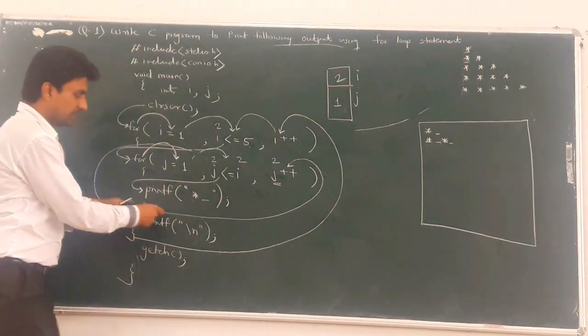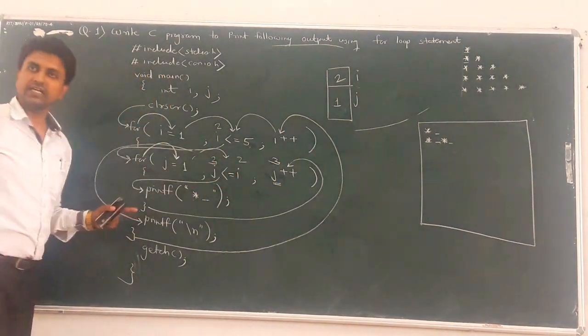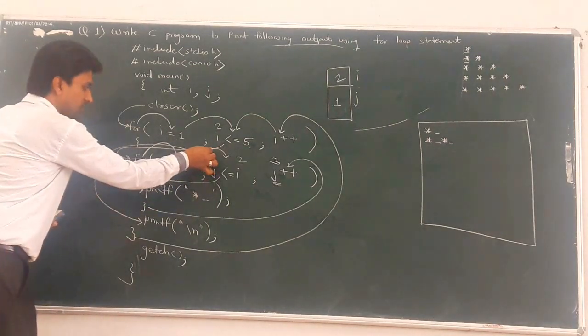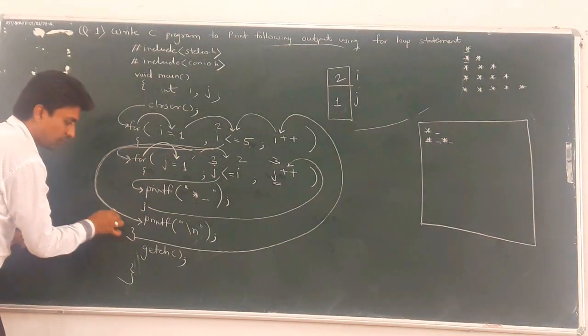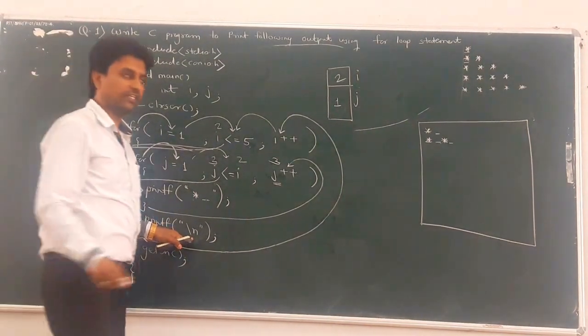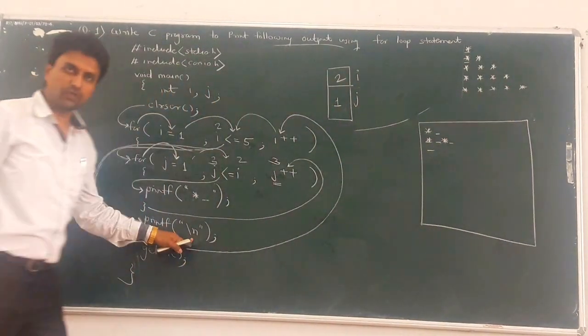Clear? Next j plus plus, it becomes 3. 3 less than or equal to i, which is 2, condition false. If the condition is false, the cursor goes out of this for loop to the next line. What is the next line? printf backslash n. That means the cursor goes to the next row, that is the third row.